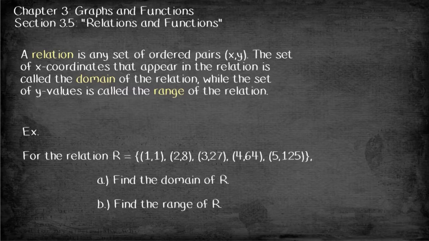So to quickly show you what I mean, we have a relation here, which is a set of ordered pairs, and we're going to find both the domain and the range of the relation R. So the domain is the set of all the possible x values in the relation. So I look at all of my x values, and I'm going to write with the curly braces because I'm talking about a set.